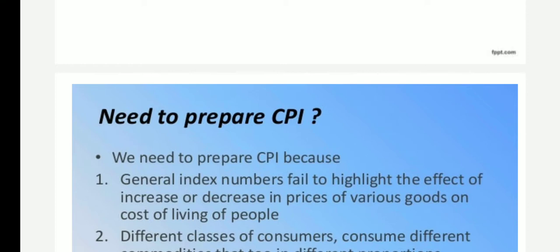Different classes of people consume different types of commodities, and the same type of commodities are not consumed in the same proportion by different classes of people. For example, the consumption pattern of rich people, poor people, and middle class people varies widely, and also the consumption pattern of people of the same class differs from place to place.